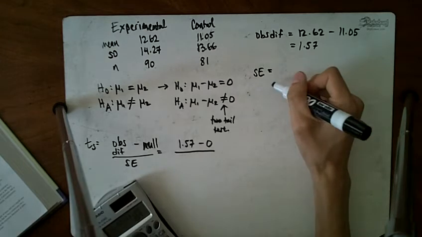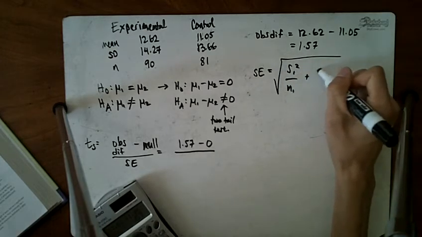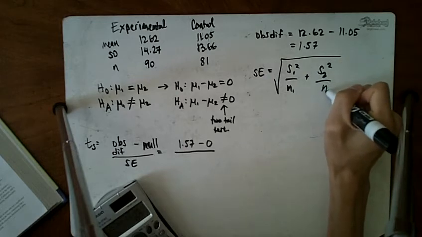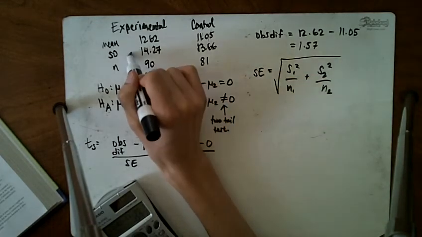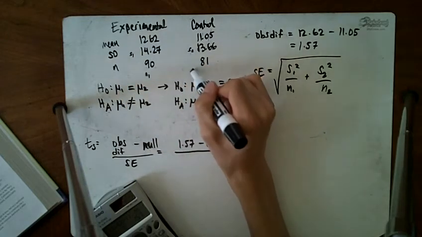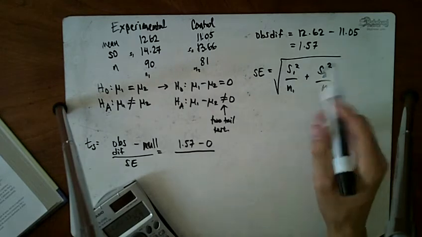So the standard error is the square root of s1 squared over n1 plus s2 squared over n2. So this would be n1, and this would be s1, and this would be s2, and this would be n2. n2 being the number in group 2, s2 being the standard deviation in group 2.